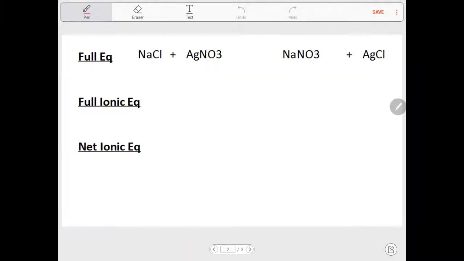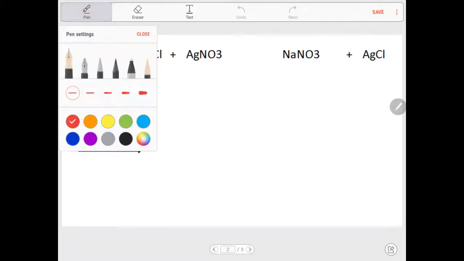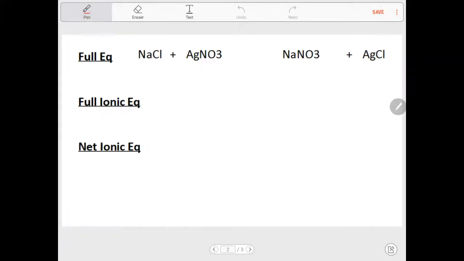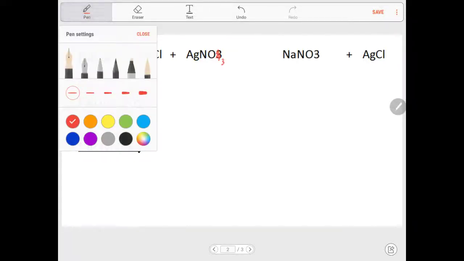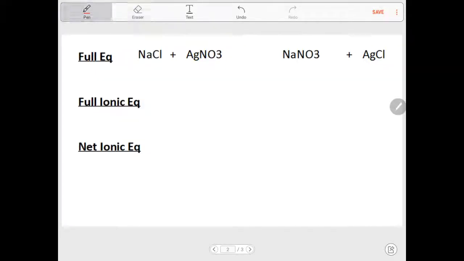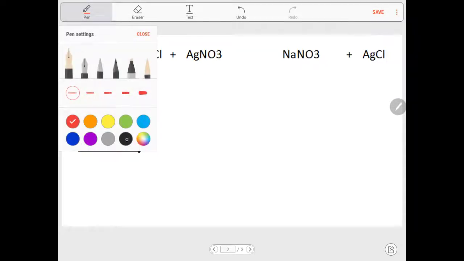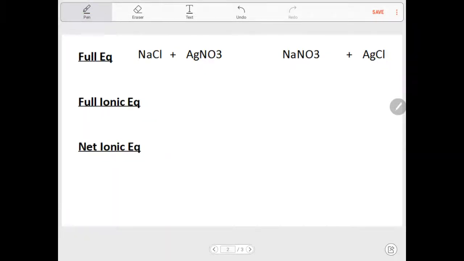So let's try it for this one. Now my apologies here. These should be subscript 3s. And there should be an arrow between here. Okay, so no states on these either.